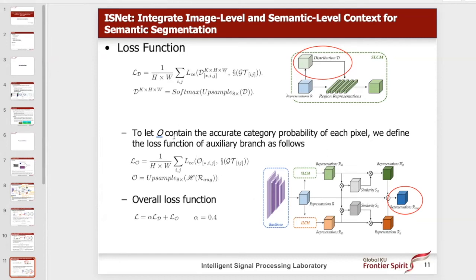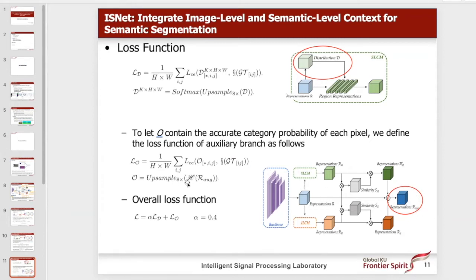And for LO, we get O from the representation RAUG. The RAUG equals the concatenation of the R'(SL) and R'(IL), and the original representation R. This is the combination of these three representations.